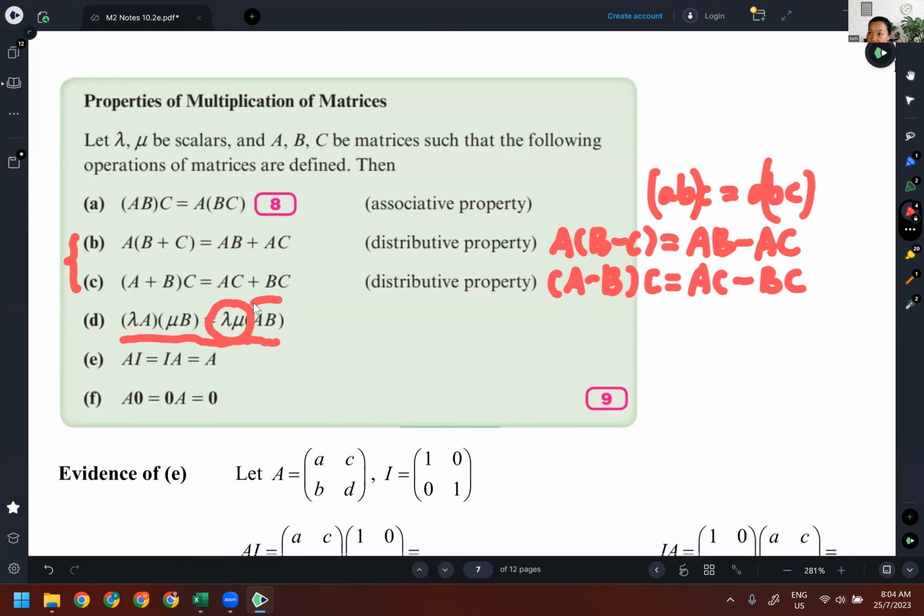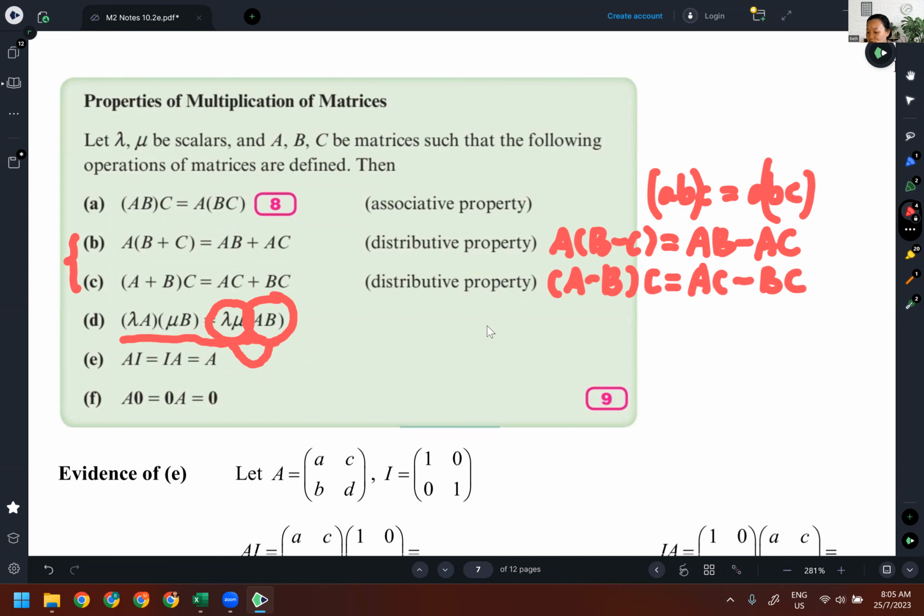This is matrix multiplication. And then you do one last multiplication. Basically, you have numbers and matrices. You do the numbers, and then you do the matrix, and then you put them together. You know what I mean? It's usually simpler this way. Lambda and mu are scalars.